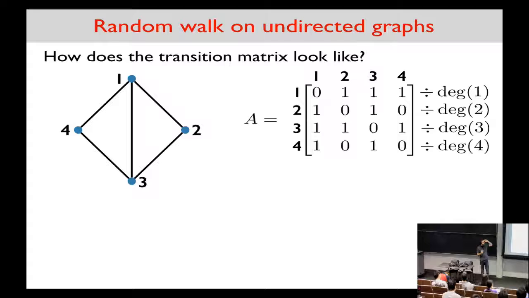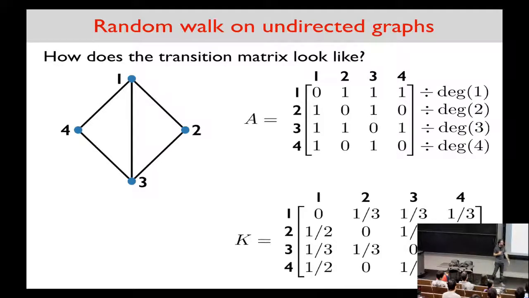So we divide row 1 by the degree of vertex 1, row 2 by the degree of vertex 2, row 3 by the degree of vertex 3, and so on. Then what you get is this matrix, and it's precisely the transition matrix. That makes sense? How are you going to calculate that in log n space? I'm not going to, because that's not what the algorithm does.